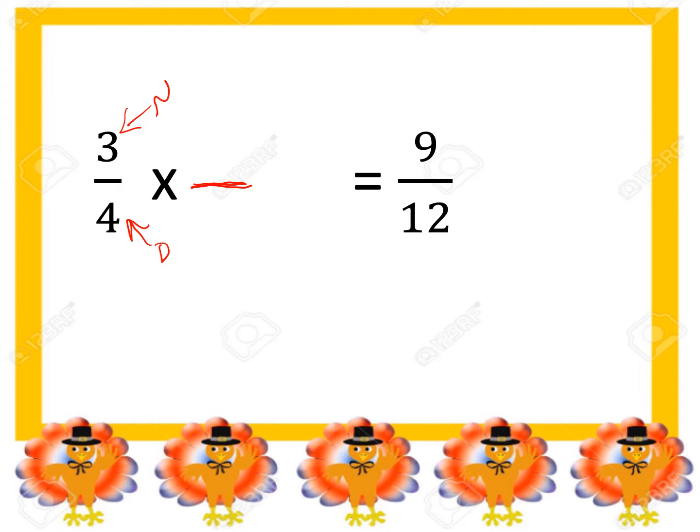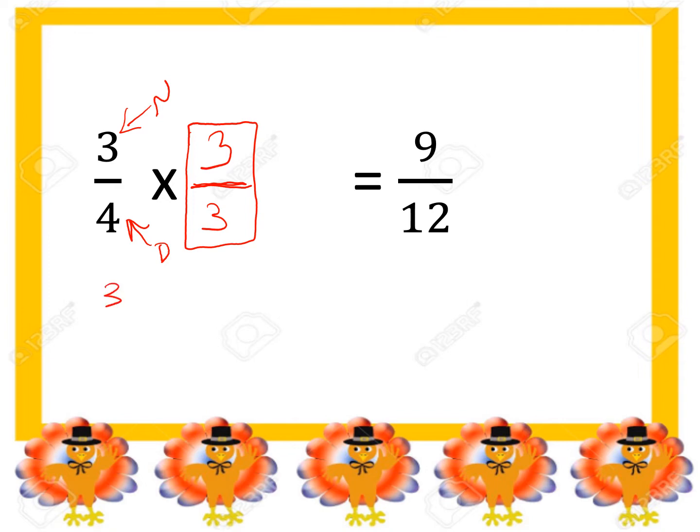If you said 3, that's correct, because 3 times 3 is 9. Okay, so let's look at 4. Well, can I multiply 4 times 3 to get 12? 4 times 3 is in fact 12. So if I can multiply by this whole, because 3/3 is equal to 1 whole, then this is an equivalent fraction. 3/4 is equal to 9/12.